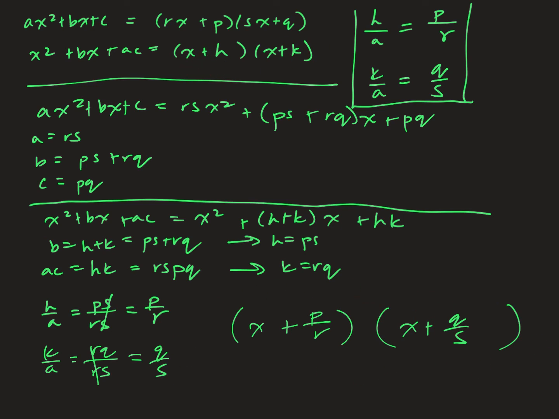We know that that is patently false because H is not the same as H over A. However, she does notice that when you take H and divide it by A, its simplest form is going to result in your terms P and R. Your simplest form for K over A is going to result in your terms Q over S. And because we have these cool number relationships going on, it allows us to really easily break down this problem, because we have every element that we would need in order to factor ax squared plus bx plus c into its reducible form.